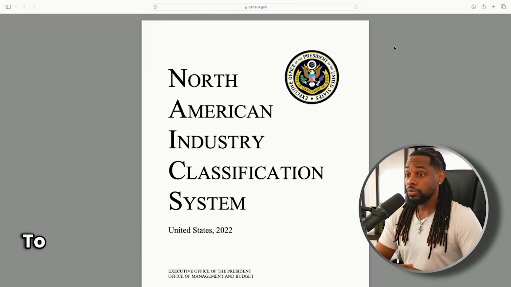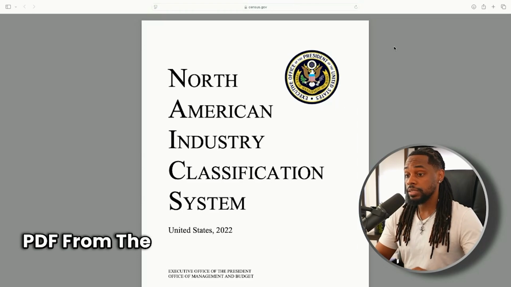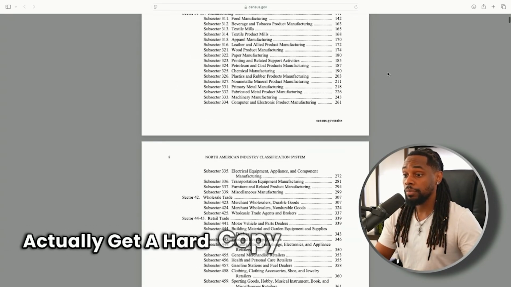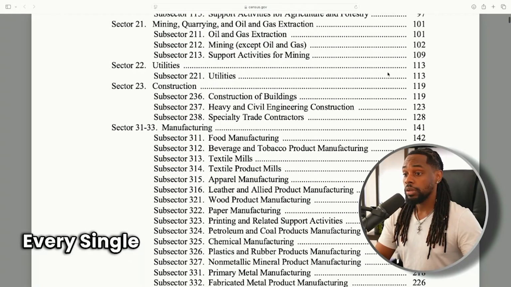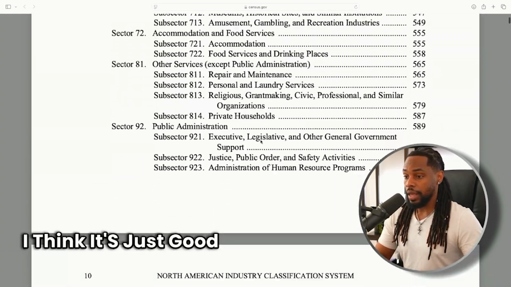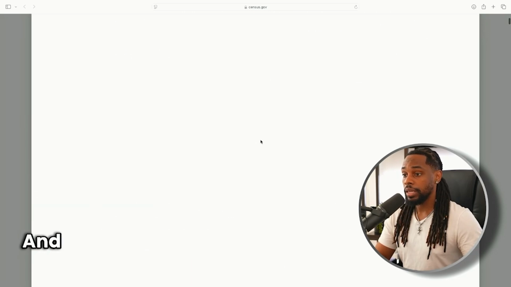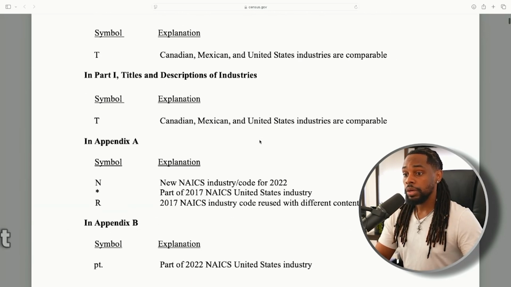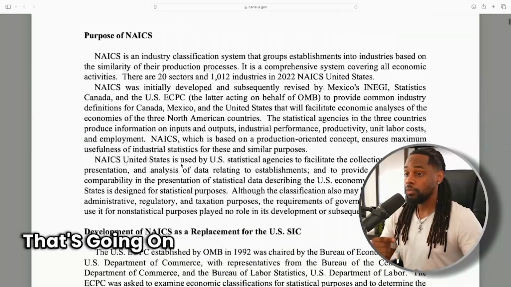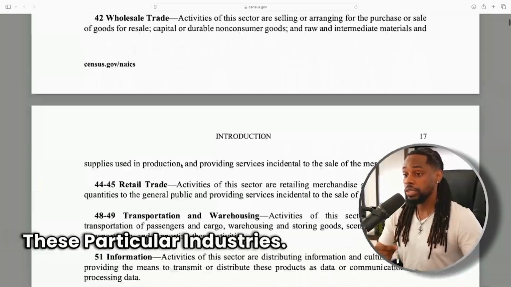And the last thing I want to show you guys is that PDF from the Census. If we scroll down, we can get a hard copy of every single code for whichever industry you are in. I think it's just good to have this as a hard copy. Again, a link is in the description, but you should really understand everything that's going on within these particular industries.